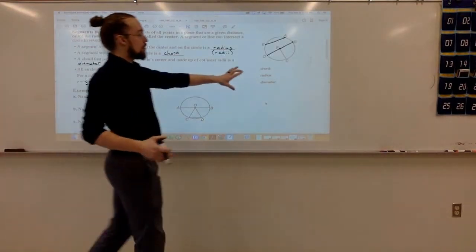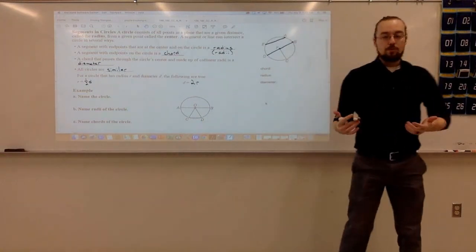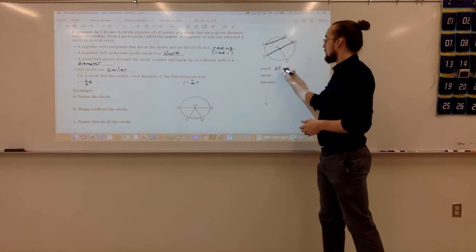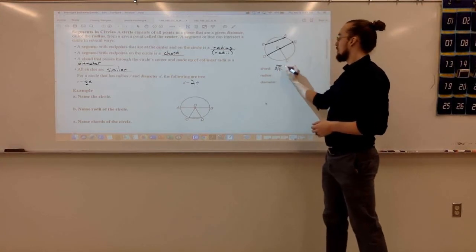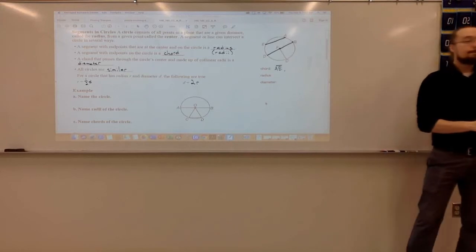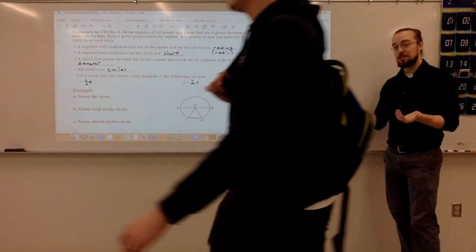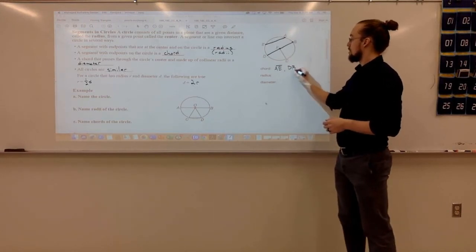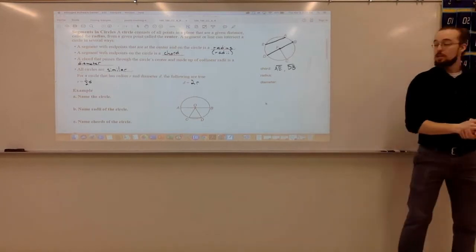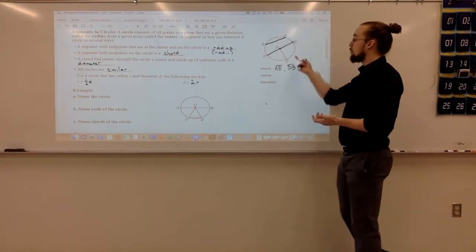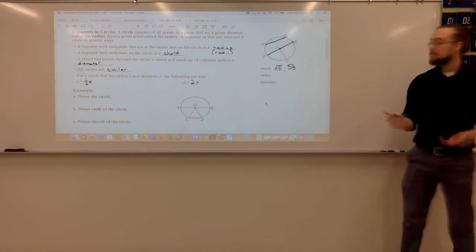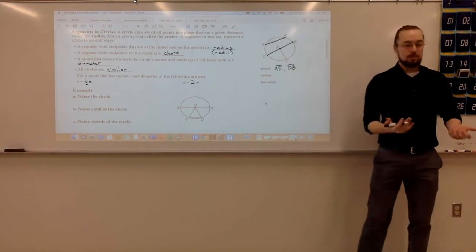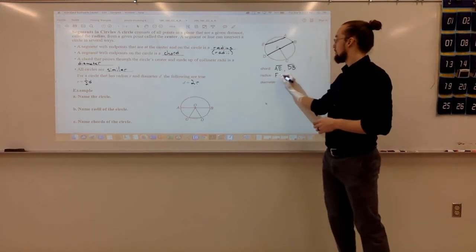So in this circle over here, we already named a few of these pieces. We could say that AE is a chord. We could also say that DB is a chord. We've got a few examples of radii here: FD, FC, and FB would all be examples of a radius.